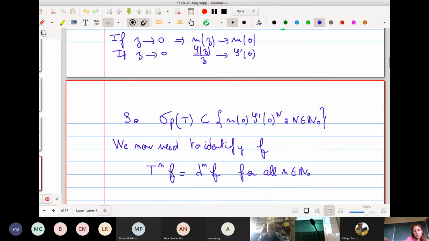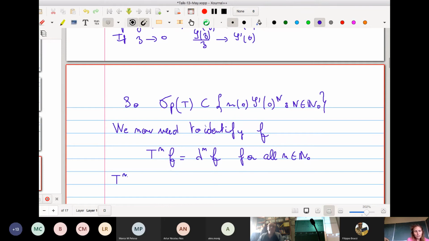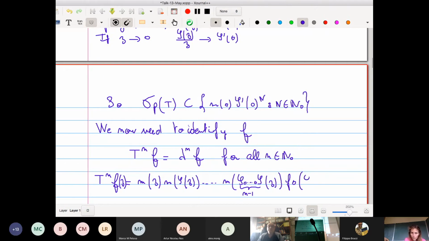And the difficulty now, because we have a weight, is to see what is Tn f. So Tn f is now more complicated than when we have a weight identically equal to 1, because now the weight has the form m composed with phi, m composed with phi iterates n minus 1 times, times f composed with phi composed n times.